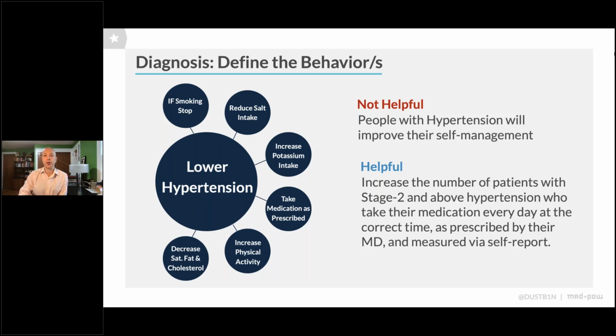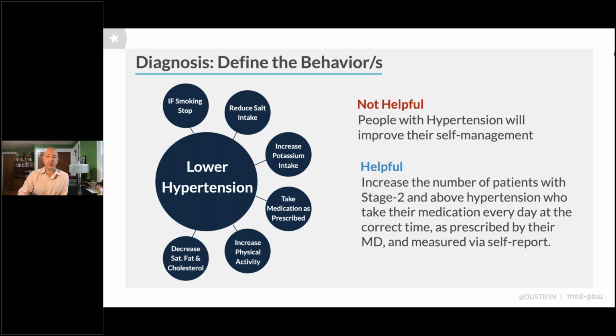and then defining them in such a way where we're very specific about those. So a more helpful way of describing that, if we take medication as prescribed, because that's going to have a big impact on lowering hypertension, we might say increase the number of patients with stage 2 and above, very crisp who that population is, who take their medication every day at the correct time as prescribed by their doctor, and it's measured by a self-report.